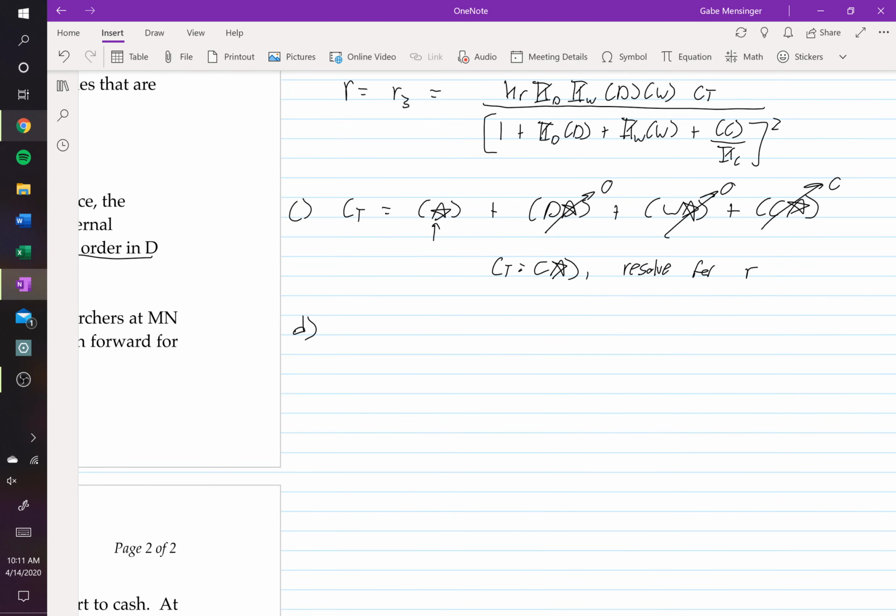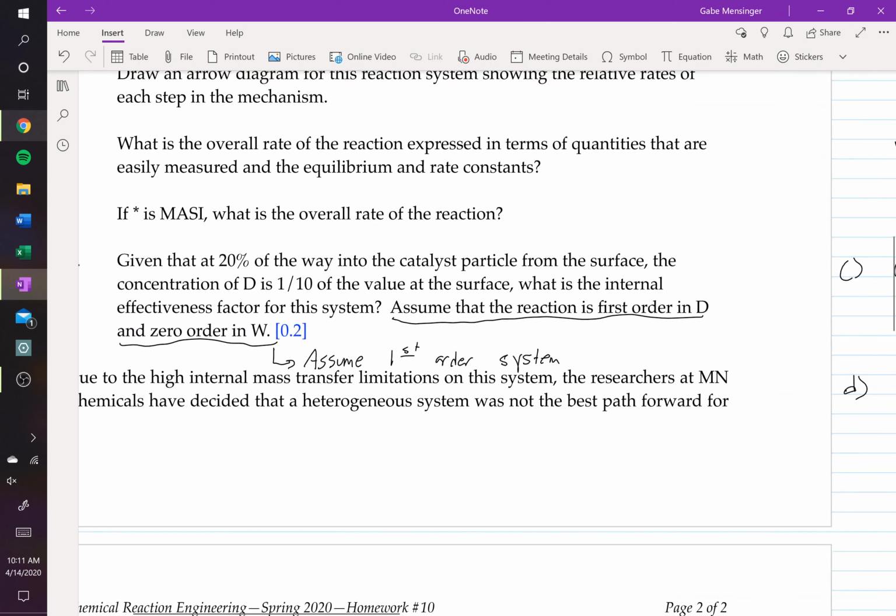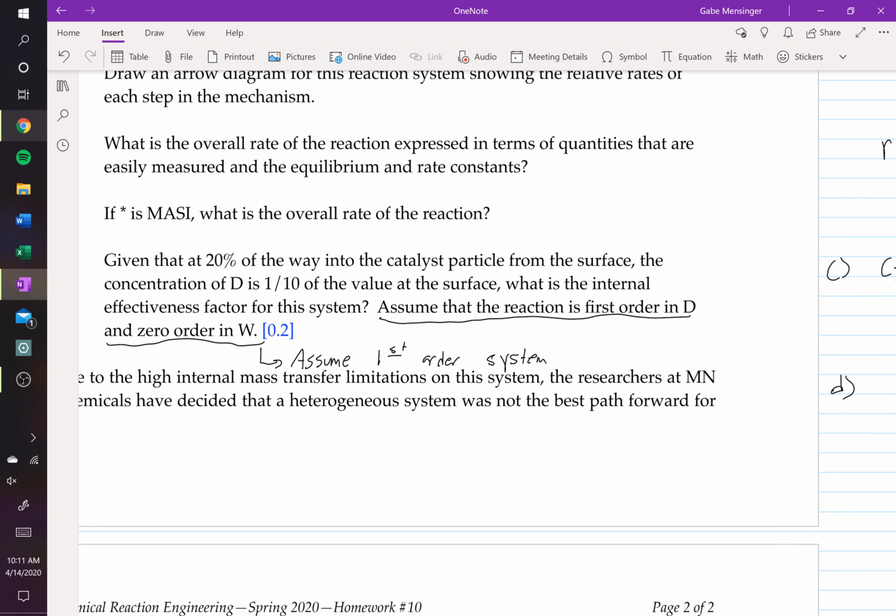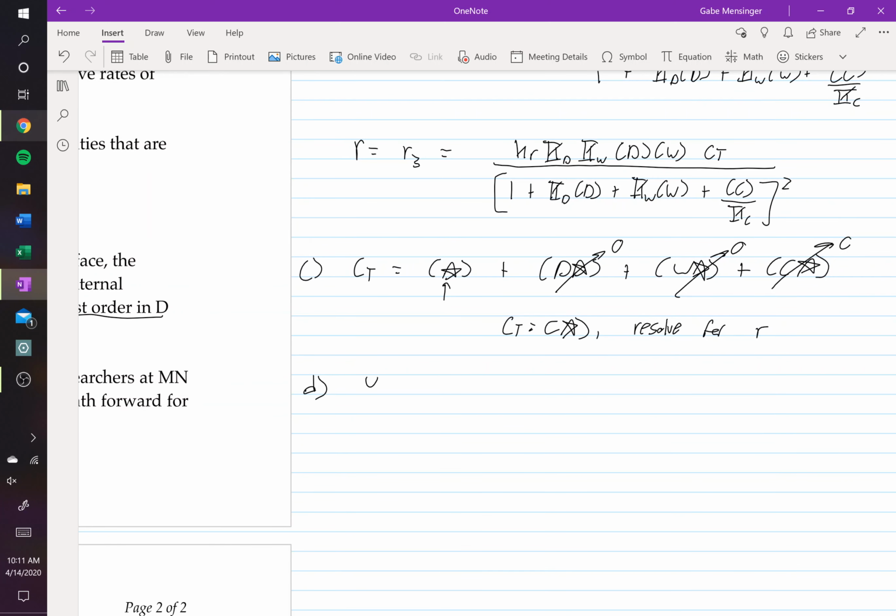So, as you saw before, within a certain distance into the particle, we're going to have a different concentration than on the surface. That goes back to our concentration profiles and this fancy little xi term, which, if you'll recall, is equal to Ca over Cas, our surface concentration, which, when we assume it's first order, we can get this.